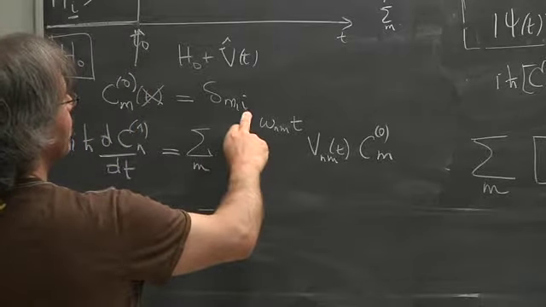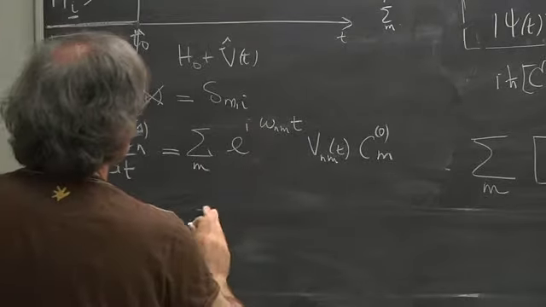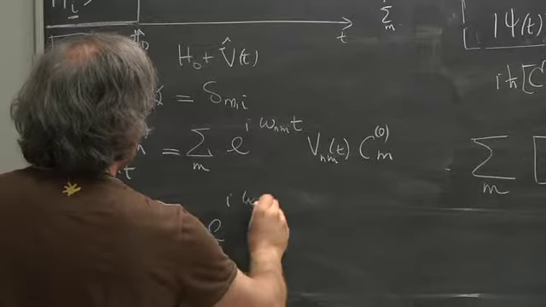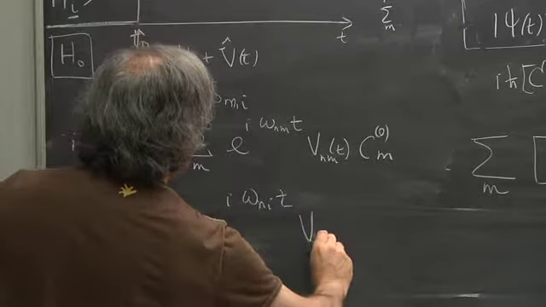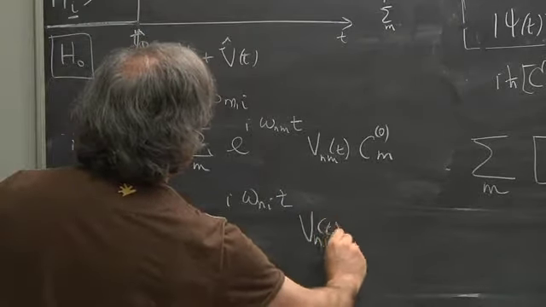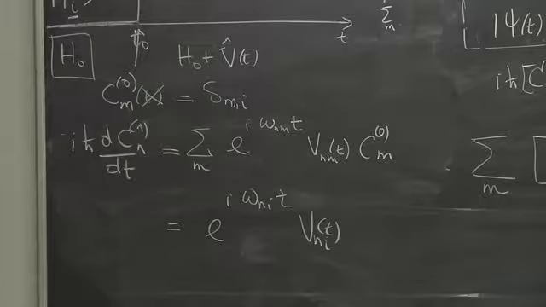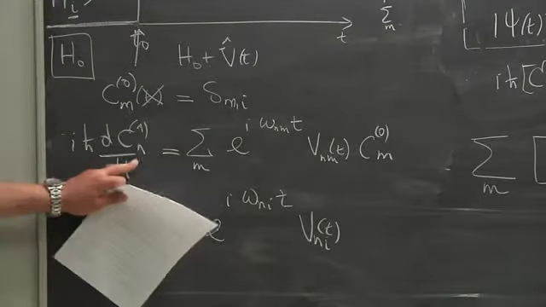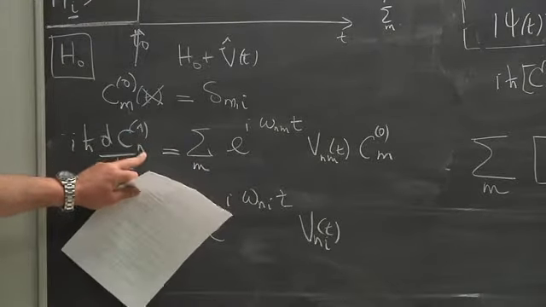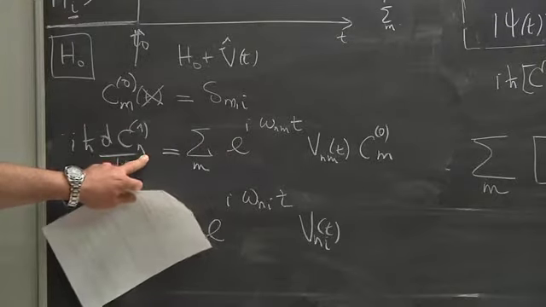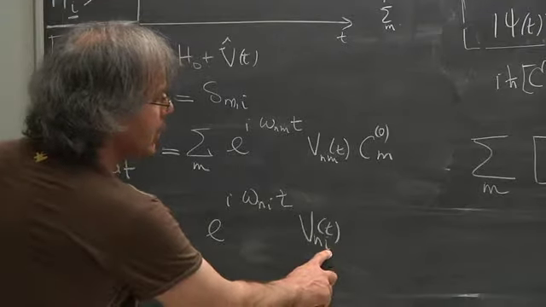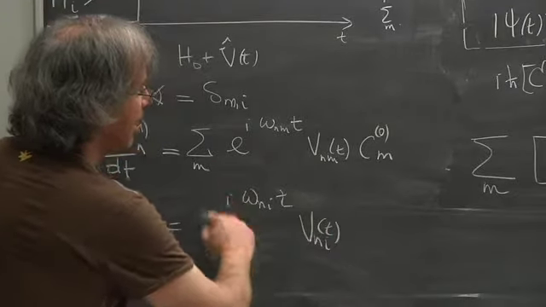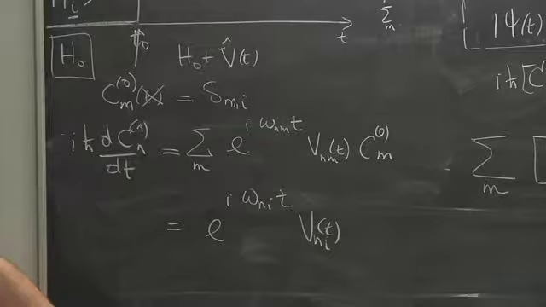There is only one term, the term number I. So e to the I omega n I t times Vn I of t, that's it. So the coefficient to first order of the state number n is simply Vn I, the matrix element with the initial state, times a phase factor. Is this clear?